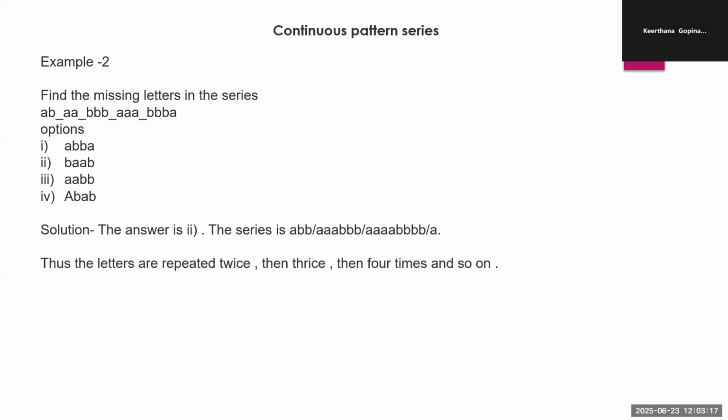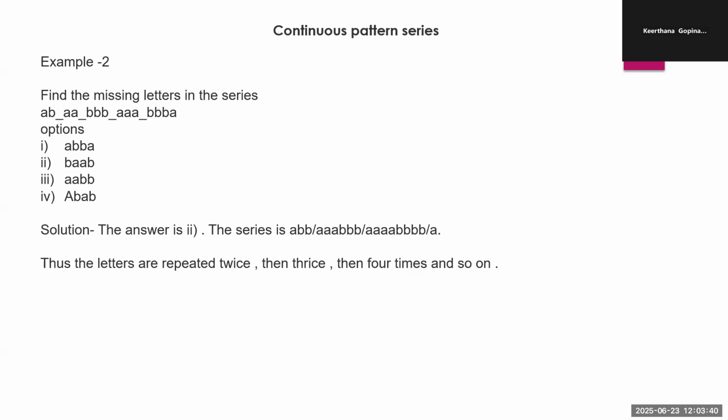Then this is another example for the continuous series. Find the missing letters: AB, AB and blank, and then AA, then blank and triple B. So the answer here is again 2. ABB, then AA, then ABB. Correct.